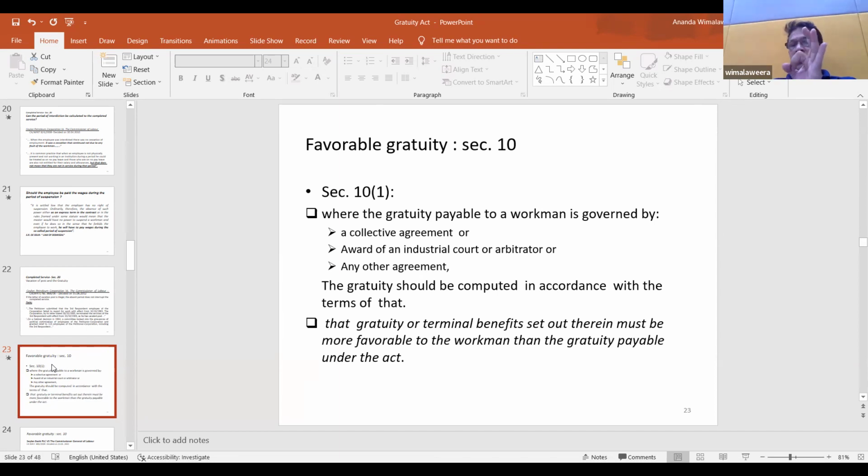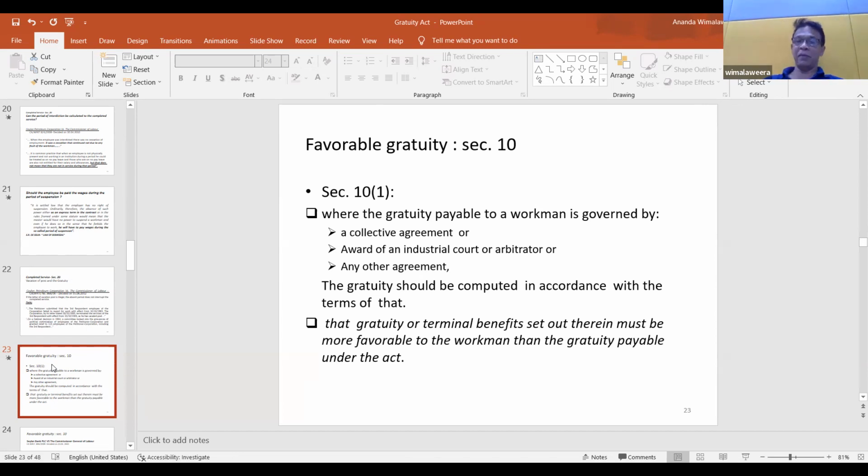According to law, if you are entitled for gratuity, you will be paid half a month's salary, last known salary, for each year of service. What do we mean by favorable gratuity? Is there anyone from the private sector here?